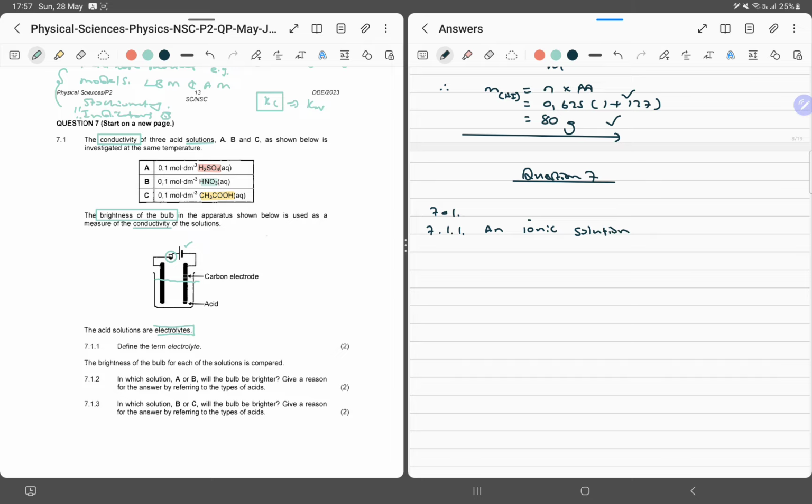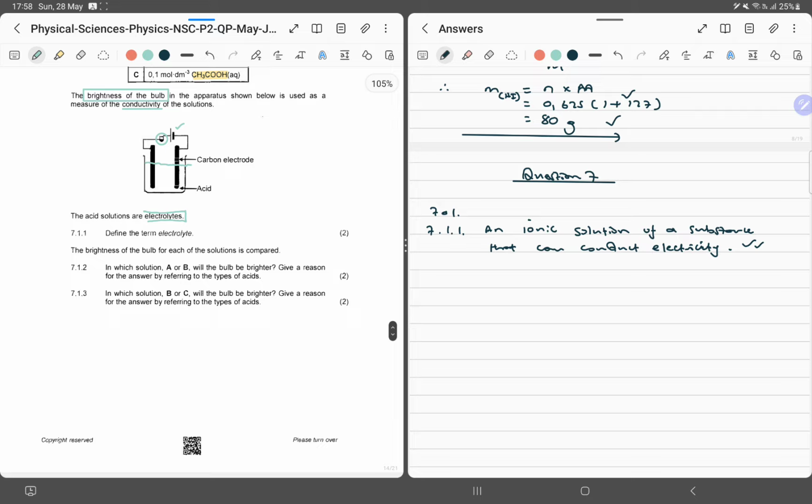It's an ionic solution of a substance that can conduct electricity. That's what an electrolyte is in simple terms. So you walk away with a free 2 marks there.